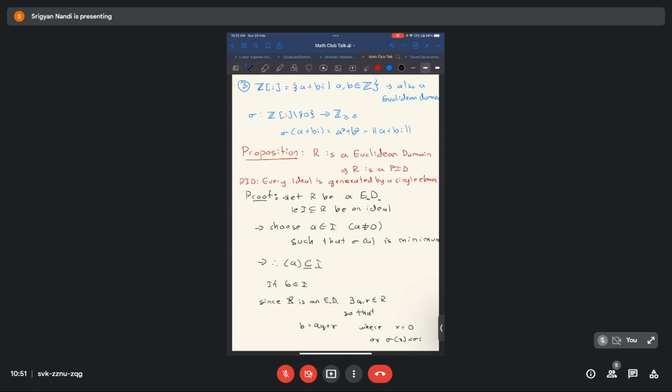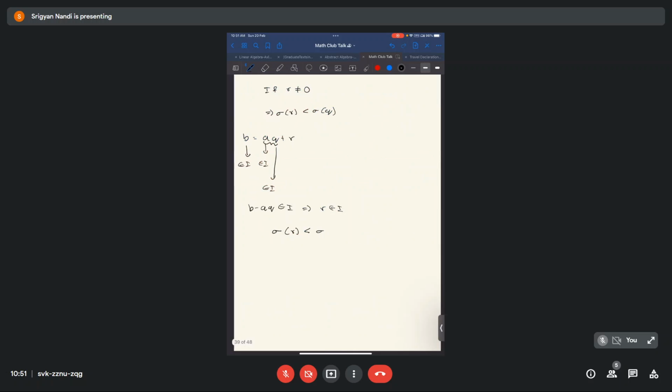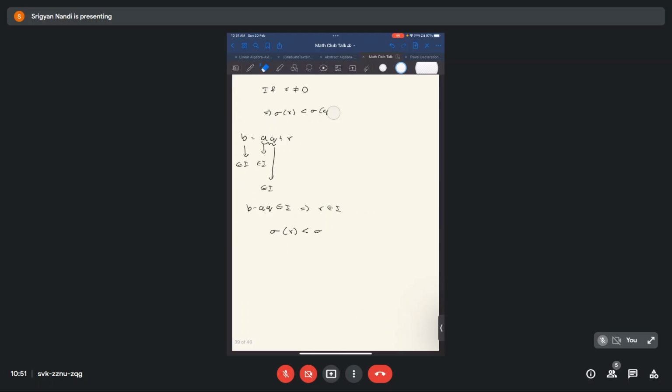It is sigma of the divisor, which is sigma of A. So that will imply that sigma of R is less than sigma of A, which contradicts the minimality of sigma of A. So this is basically a contradiction. Therefore, we must have that R is equal to 0.